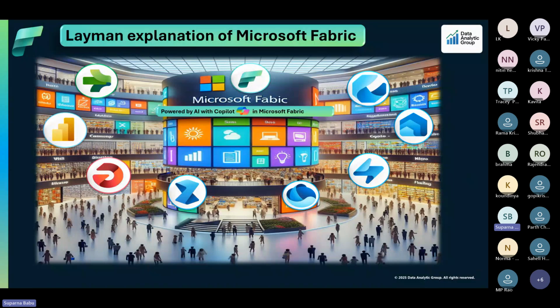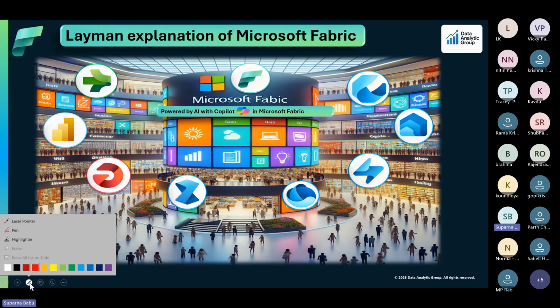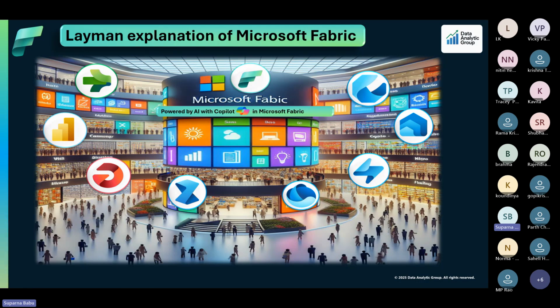Microsoft Fabric is a place where you can get all the data-related stuff in one single URL, app.fabric.microsoft.com. There is no need to buy the Azure subscription separately. If you want to build any pipeline, go with the data pipeline. If you want to build any data science application, go with data science. If you want real-time intelligence, you can go with this.